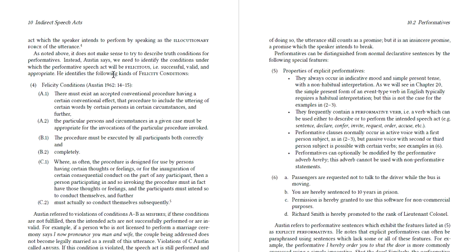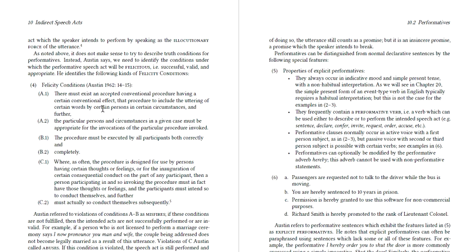In the next page, felicity conditions are about the performative that belongs to successful, valid and appropriate conditions. For the identification of felicity conditions, you can read the following part. There must exist an accepted conventional procedure.